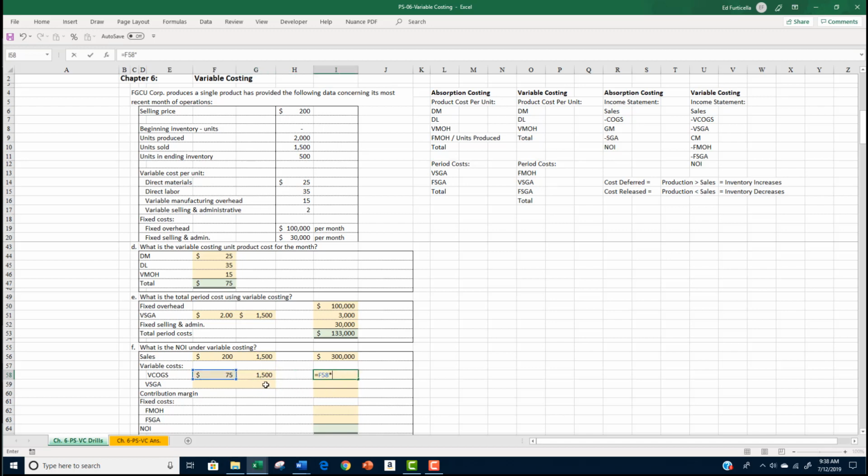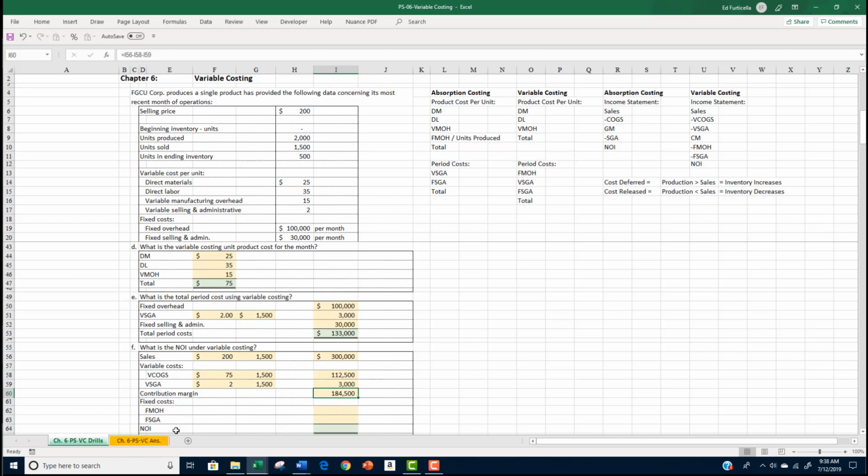The variable SG&A is going to be the $2 per unit times the 1,500 units sold, $3,000. So we have total variable costs of $115,500. Subtract that from the $300,000 in sales, and we have a contribution margin of $184,500.